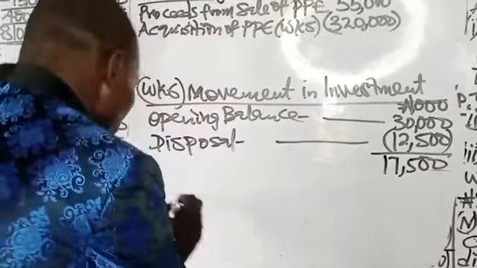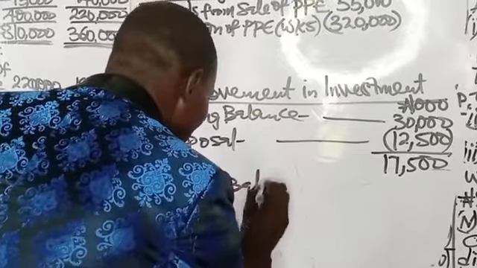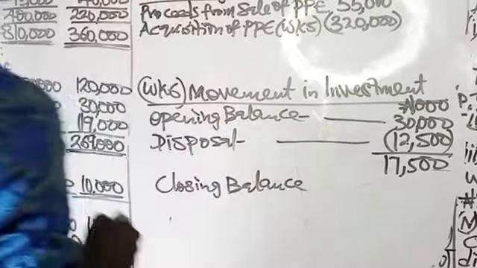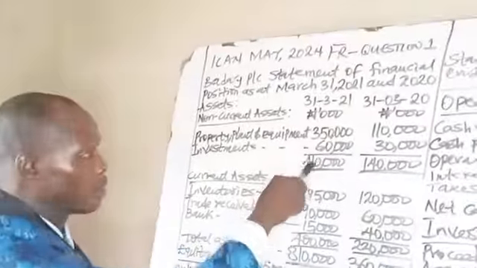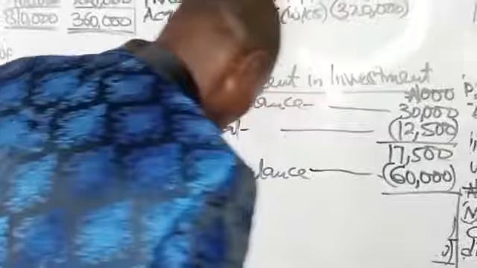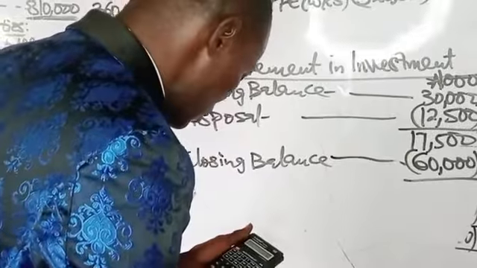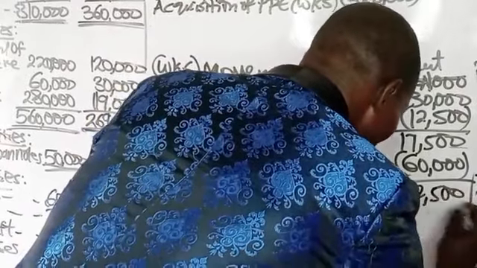Then compare this with the closing balance. Closing balance in respect of investment from the closing statement of financial position. You have 60 million. So this closing balance is greater. That is to show that there is an acquisition of more investment. There are further acquisitions during the year of 42.5 million.